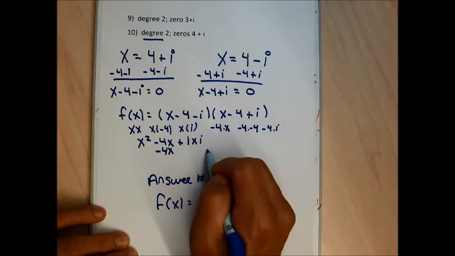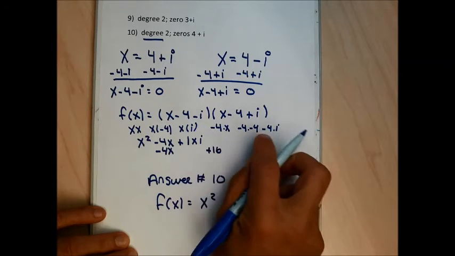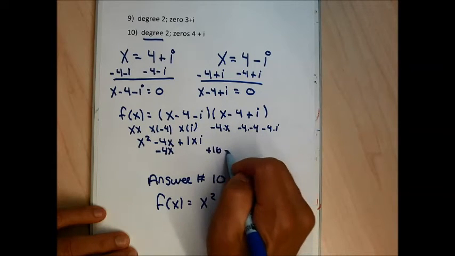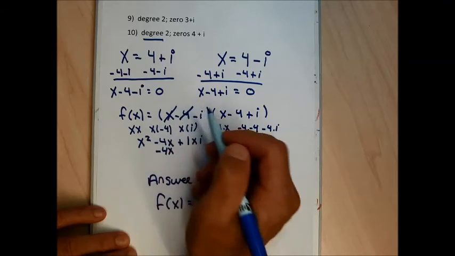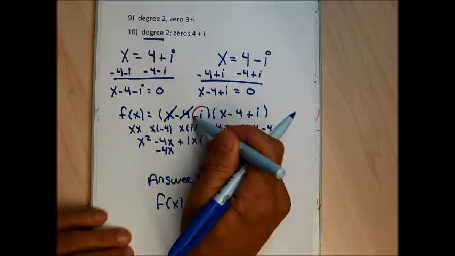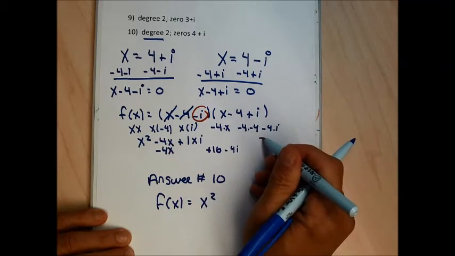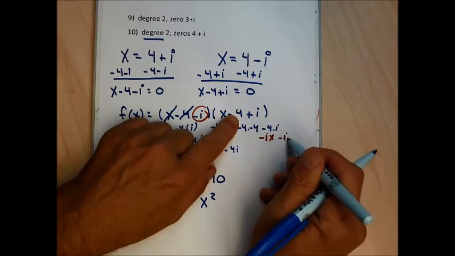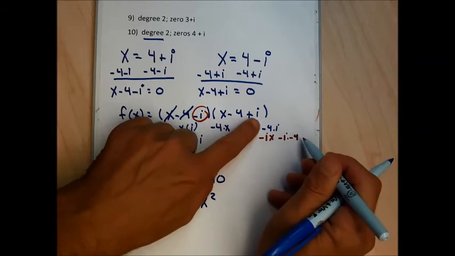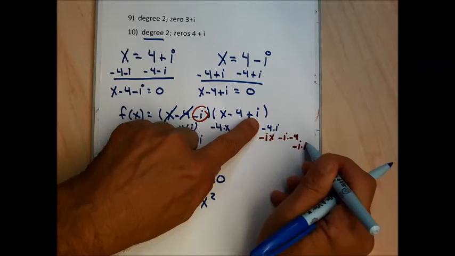Minus 4 times minus 4 is plus 16. And minus 4 times i is minus 4i. So I've done everything with the x, everything with the minus 4. Now I need to do everything with the minus i. I need to go minus i times x, minus i times minus 4, and minus i times i.